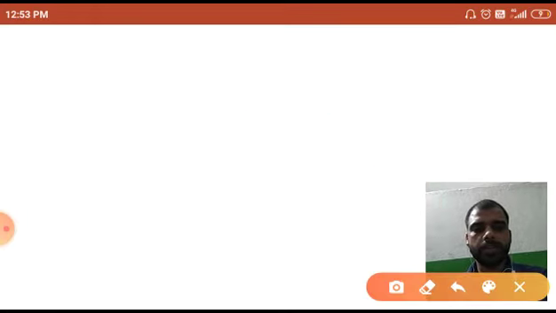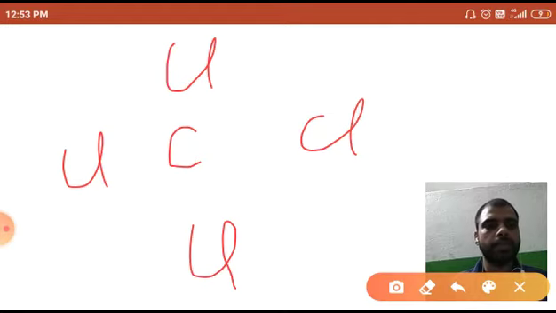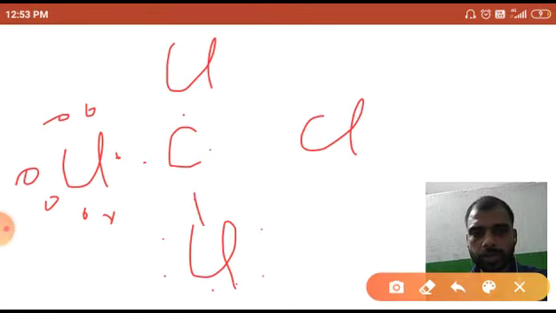Now next we will talk about carbon tetrachloride. C, Cl, Cl, Cl, Cl. Chlorine has atomic number 17 and it has 7 valence electrons, so we write 2, 8, 7. Carbon already has 4 electrons, and chlorine also has 7 electrons, so it will share.